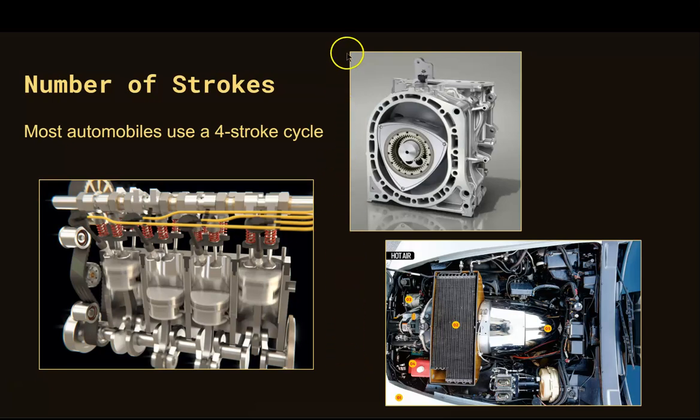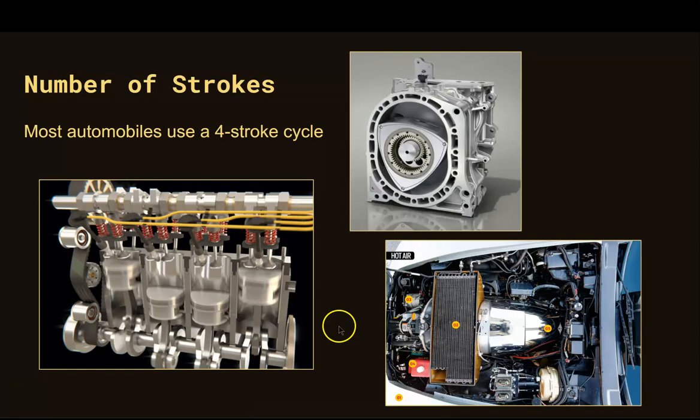For example, this in the top right, you may have heard of a rotary engine or a Wankel engine. Instead of pistons, this has a wobbling semi-triangular, semi-round rotor inside that as it wobbles or rotates around a central shaft, it creates the compression and force needed to drive the powertrain.